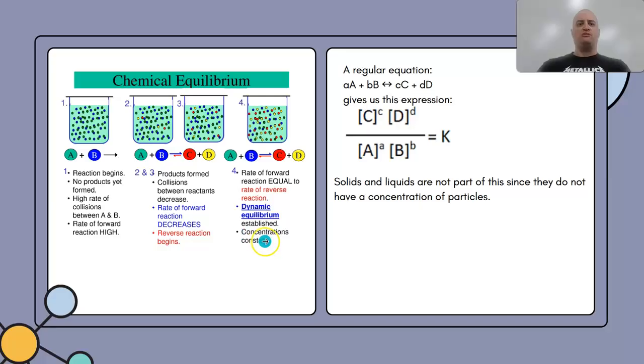When we reach equilibrium, the speed at which the reactants become the products and the products become the reactants is equal. The amounts are not necessarily equal, but the amounts that are there remain the same. So there's constantly reactants making products and constantly products forming the reactants again.